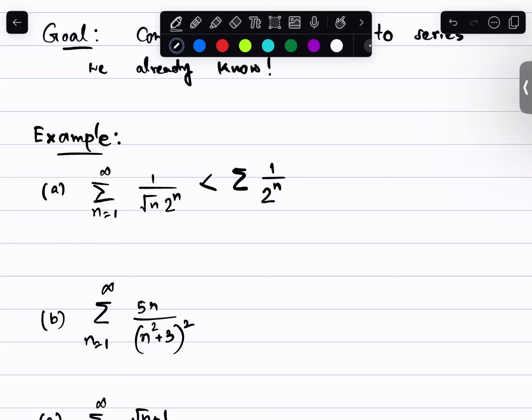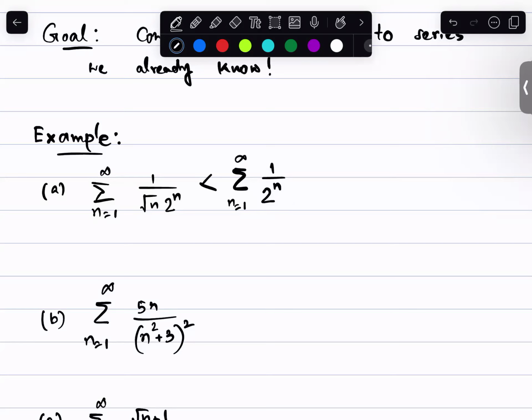Because there I have square root of n, where n is a natural number 1, 2, 3, and so on, and here I have only 2 to the n on the right hand side. So therefore, this quantity is obviously bigger. Okay, fine. So I know this inequality.